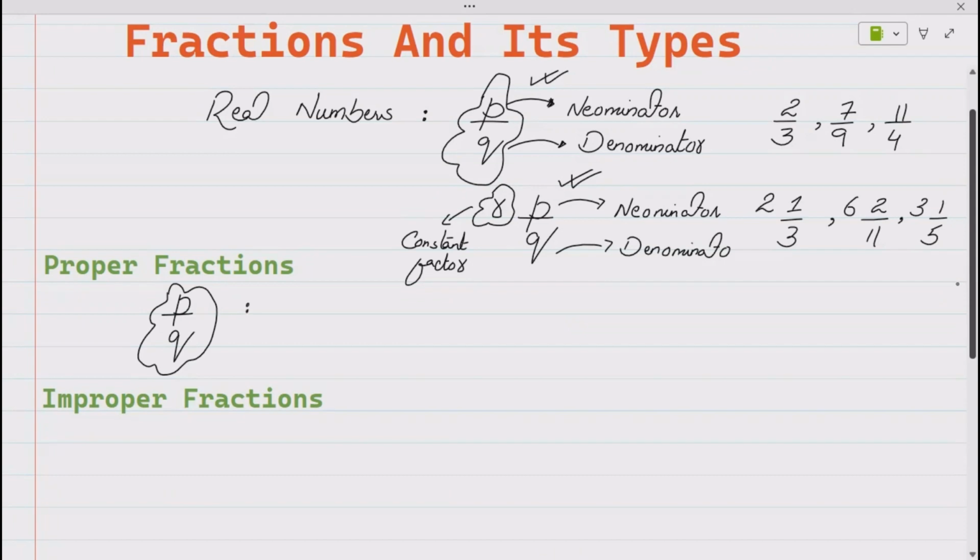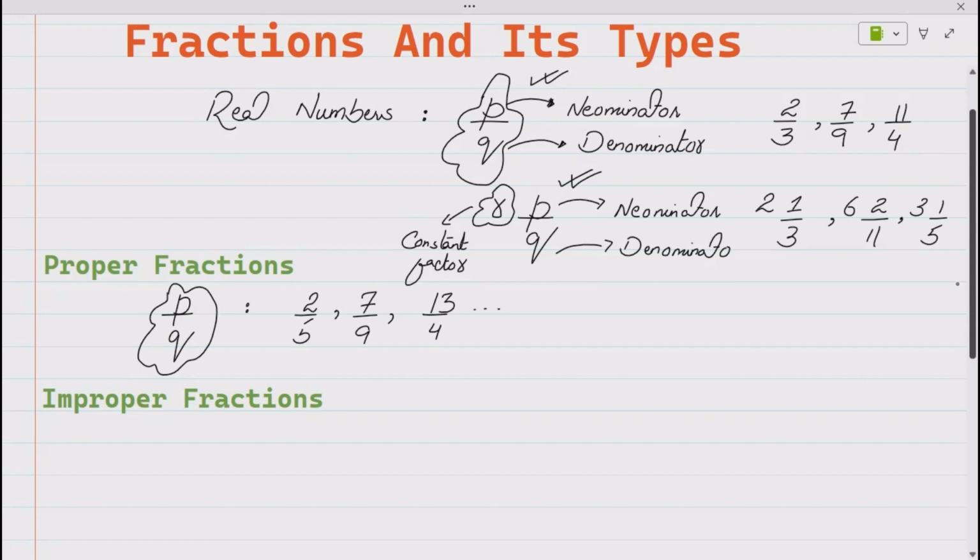Examples of proper fractions are 2 upon 5, 7 upon 9, 13 upon 4, and so on. So these are proper fractions in which we only have two numbers, one numerator and one denominator.